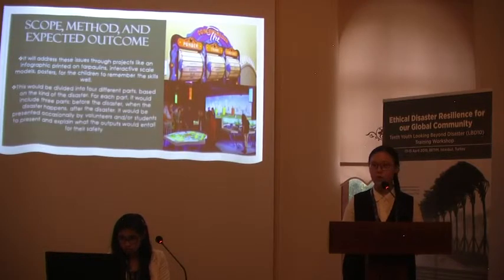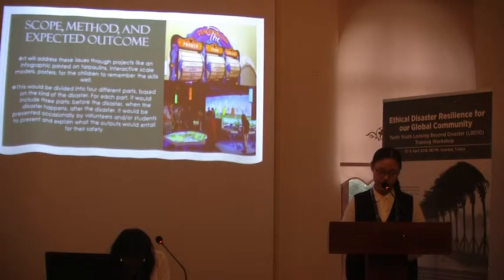And for each disaster, such as tsunami, we will introduce it before the disaster, during the disaster, and after the disaster, like Ayaka said.